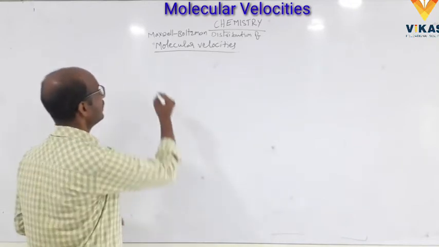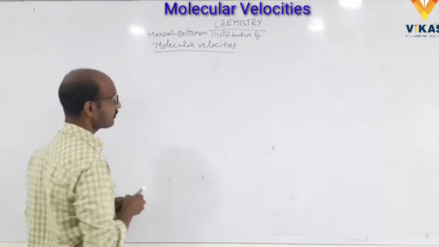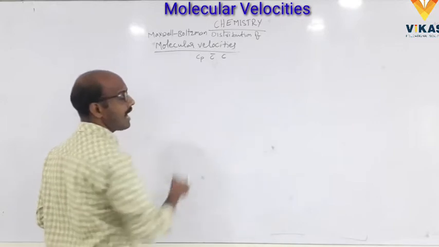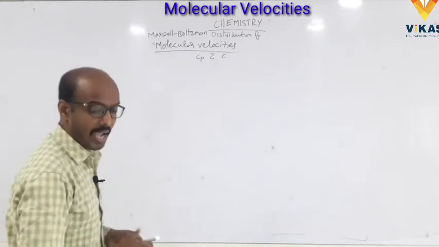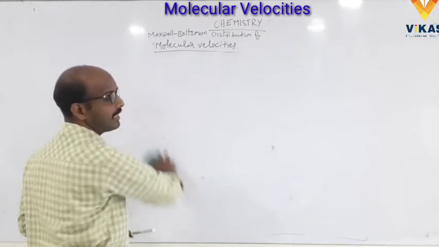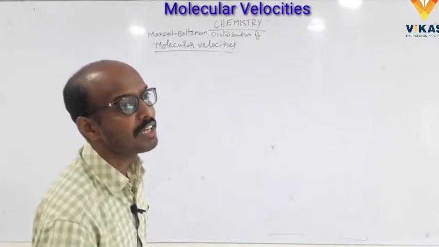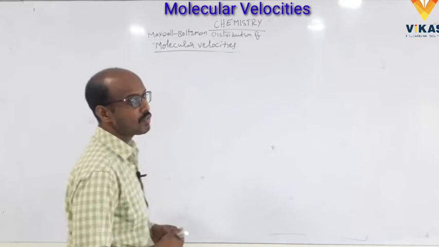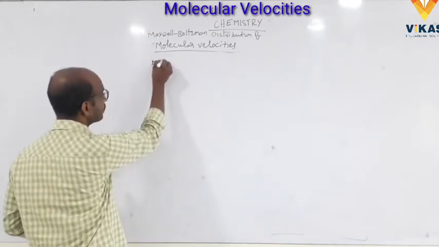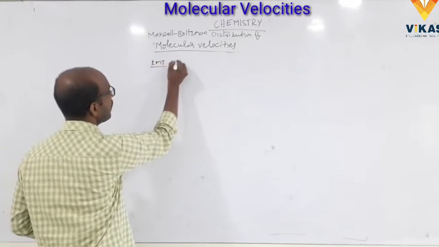First of all, for molecular velocities, we know there is the most probable speed, the average velocity and the RMS velocity. Now according to the kinetic molecular theory of gases, we have stated some postulates. So what are the postulates of KMT?